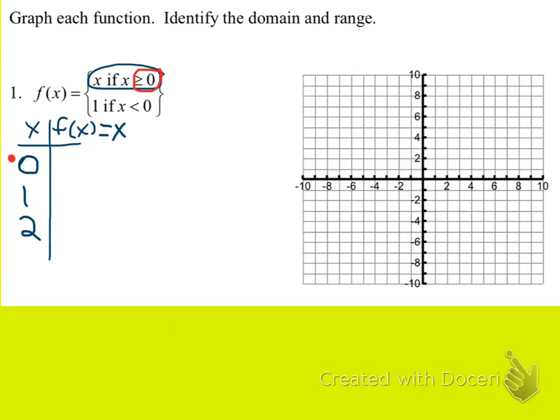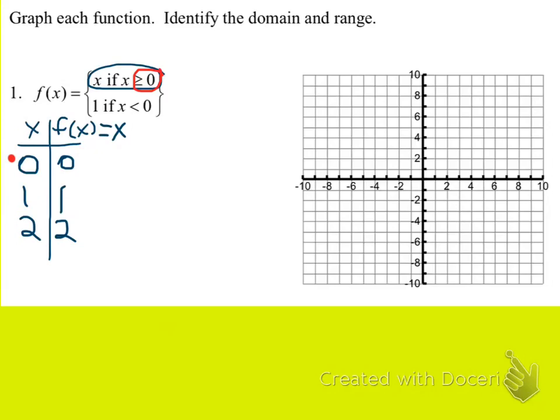Well, if f of x equals x, that means whatever our domain is will also equal our range. So if the domain is 0, our range would be 0. If our domain is 1, our range would be 1. And finally, if our domain is 2, our range would be 2 in that part of the function.